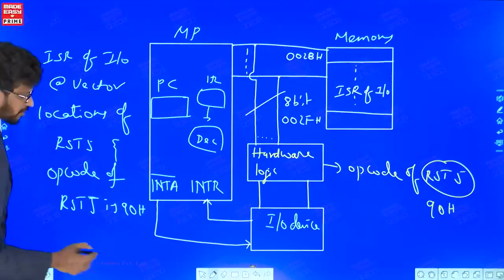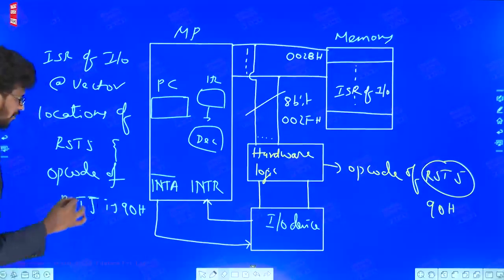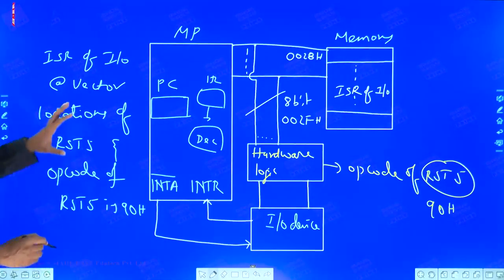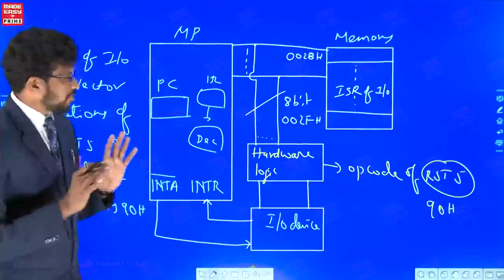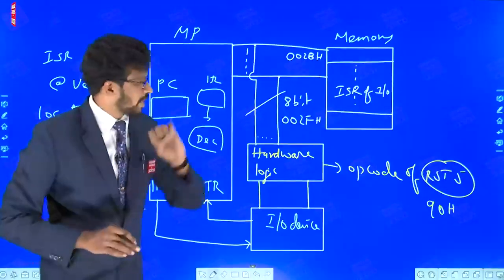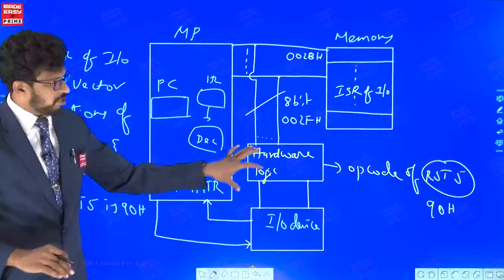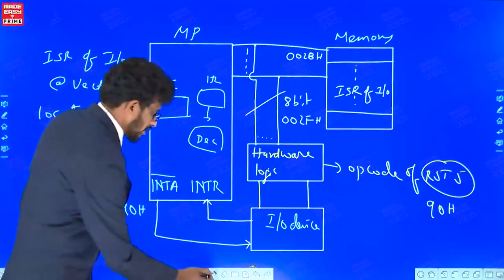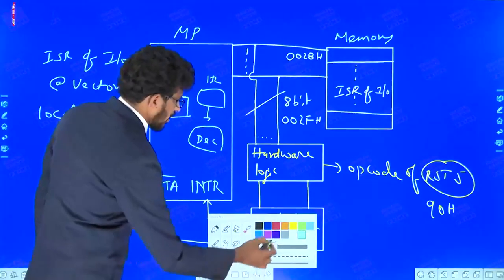So how does it actually happen? Number one, this is the sequence. We have stored the ISR at RST5 locations and designed some hardware logic to generate the opcode of RST5. Now what is the sequence? Let us discuss it elaborately and clearly.